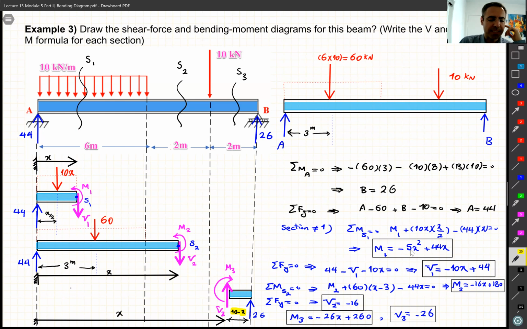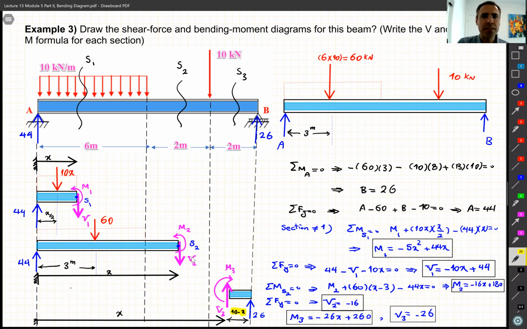So Mohammed is asking, what if this beam, instead of being horizontal, is, let's say, on an angle? It is a topic we leave for Mech 360, but the concept is the same, except you involve some angles there. Then this V is going to be on an angle, which you have to find the different components of. It's just more math work, but the solution is basically the same.